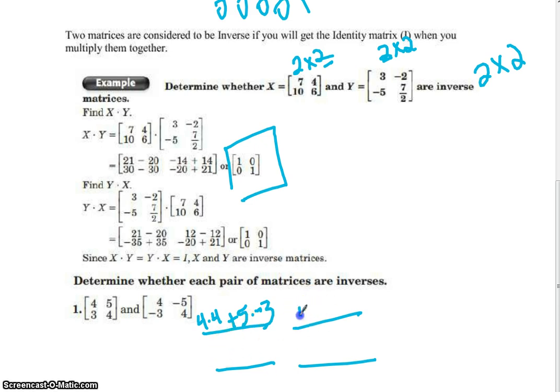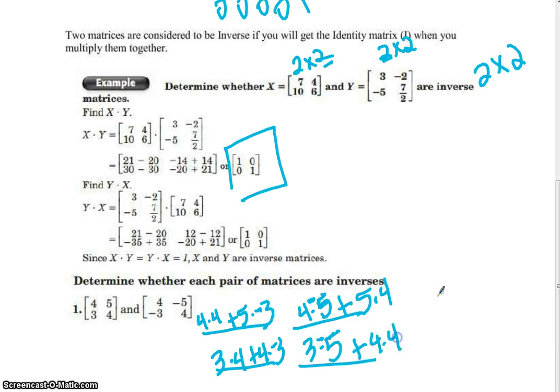You're going to say 4 times negative 5 plus 5 times 4. 3 times 4 plus 4 times negative 3. 3 times negative 5 plus 4 times 4. And you can just do that in the calculator. You don't have to show me all that. You need to know what you're doing though.